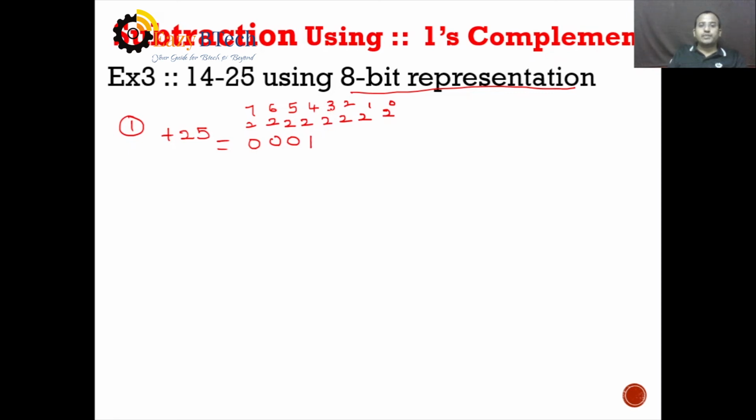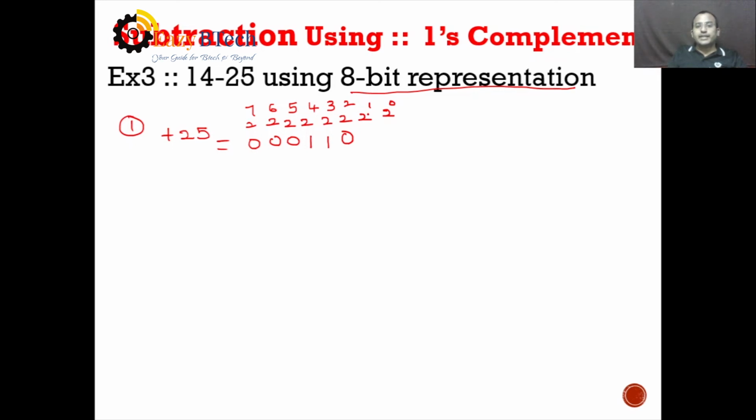Next, 2 power 3 means 8. So 16 plus 8, that also we can take. 16 plus 8, 24. Next, 2 power 2 means 4. That we don't require, right? If we take 2 power 2 also, we already have 24, and 24 plus 4 will become 28, so we need not take 2 power 2. Again, 2 power 1 also we need not take because we already have 16 plus 8, 24.